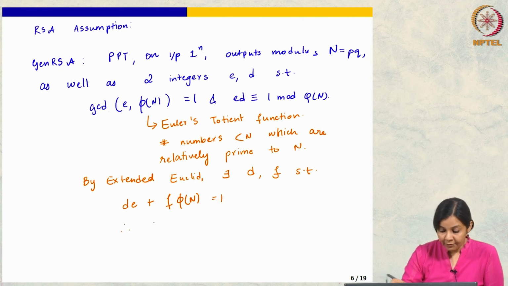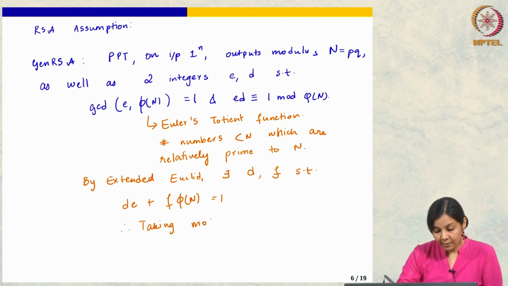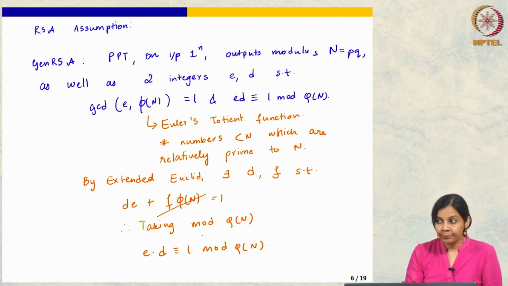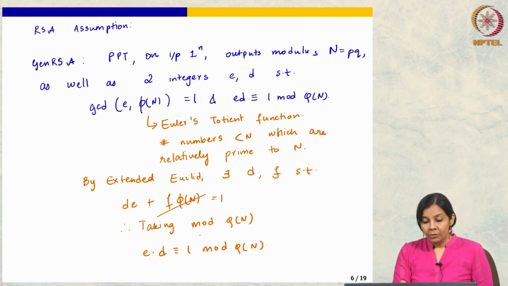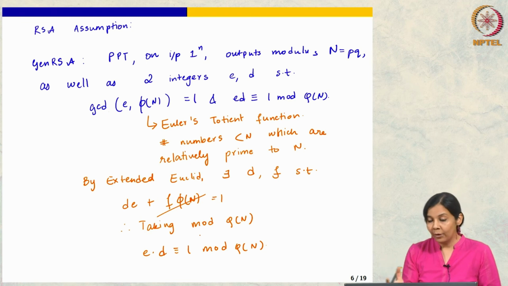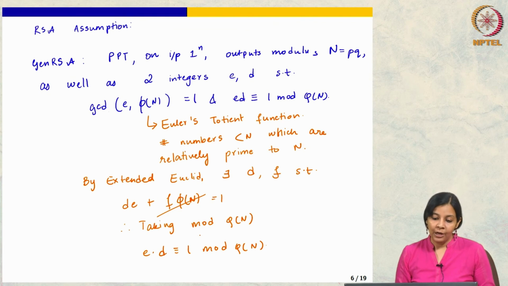Therefore, taking mod phi n on both sides, this gives you that E times D is congruent to 1 mod phi n, right? Because this will obviously cancel mod phi n. Anyway, unfortunately, we will not need to go into all this too much. It's a pity because it's really interesting stuff, but our focus in this course is different.